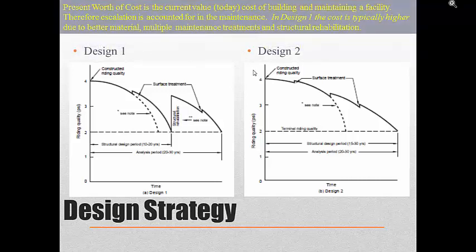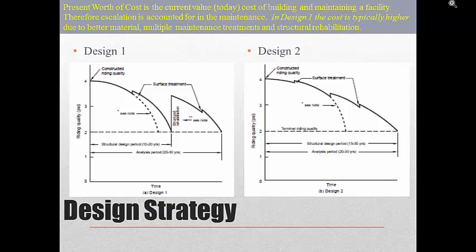To grapple with the PWOC, or present worth of cost, we understand it to be the current value of building the structure. However, after 1 year, maintenance comes into effect, and by year 2, maintenance is an escalating cost. Thus, in year 0, we only consider the construction costs.